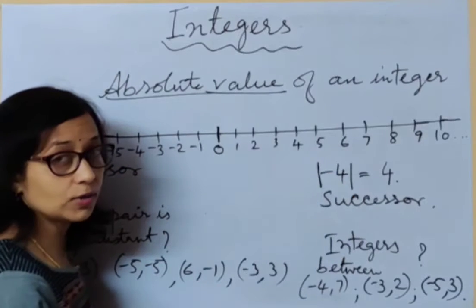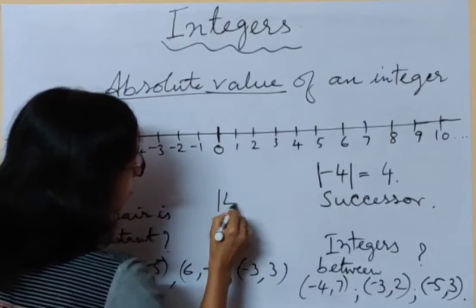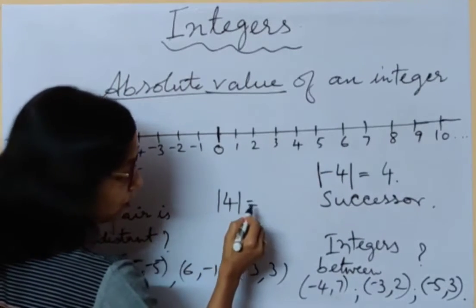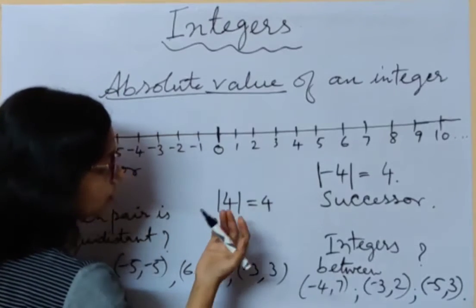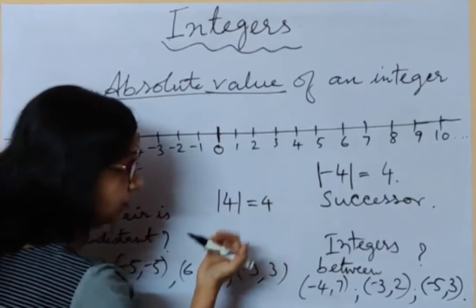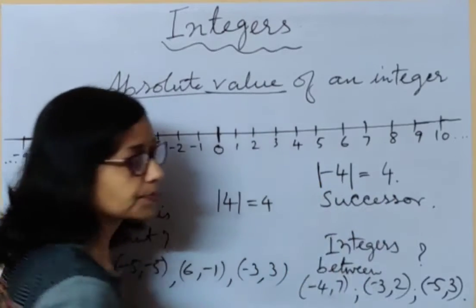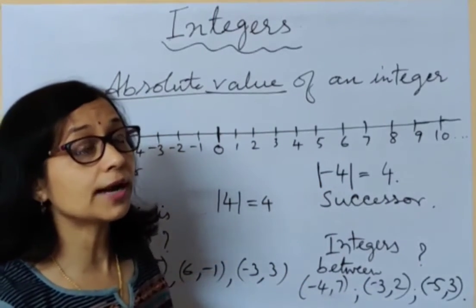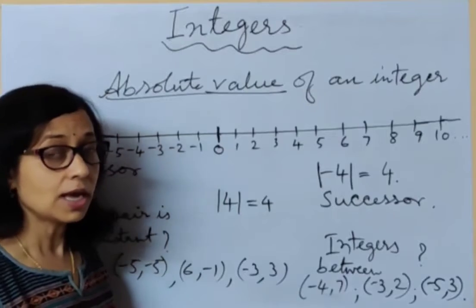But why do we write the value as 4? Because for 4 also we say mod of 4, we write 4. So positive 4 is 4, and negative 4 is also 4. Now tell me, why do we write the same value for the positive sign and the negative sign?